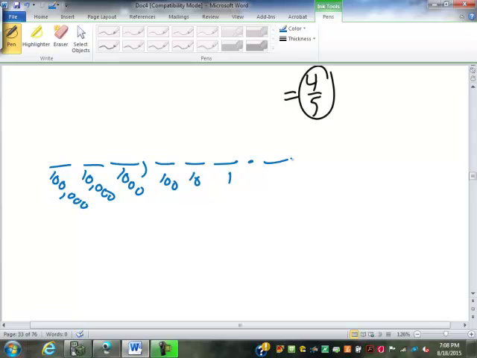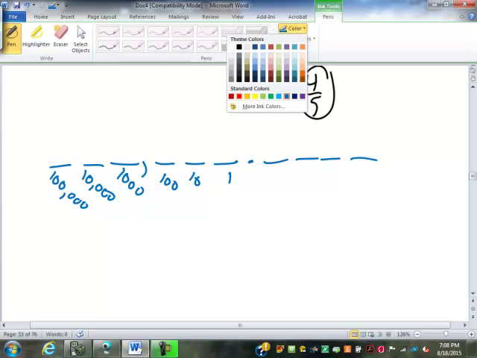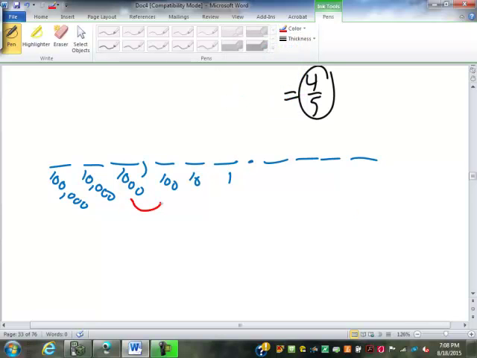As we go to the other side of the decimal point, we look for a pattern. As we move one decimal place to the right, our place value is divided by 10. Each time, 1,000 divided by 10 is 100, 100 divided by 10 is 10, 10 divided by 10 is 1. So as we keep going, those place values keep dividing by 10.